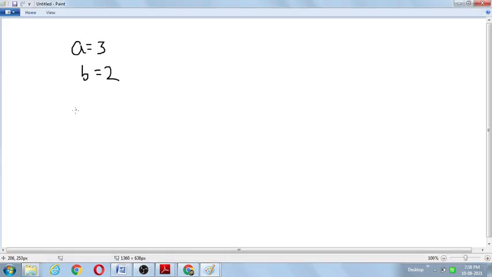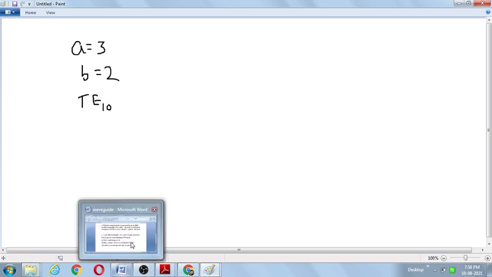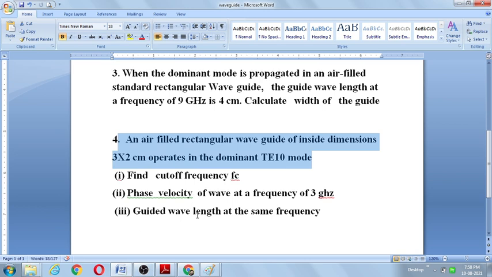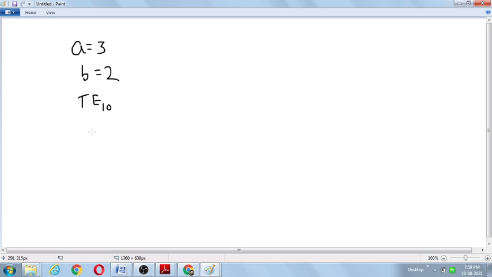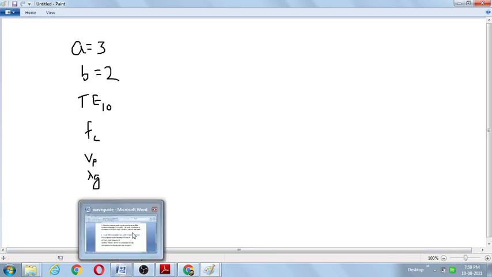So we have to find the cutoff frequency Fc, phase velocity V suffix p, and guided wavelength lambda z.